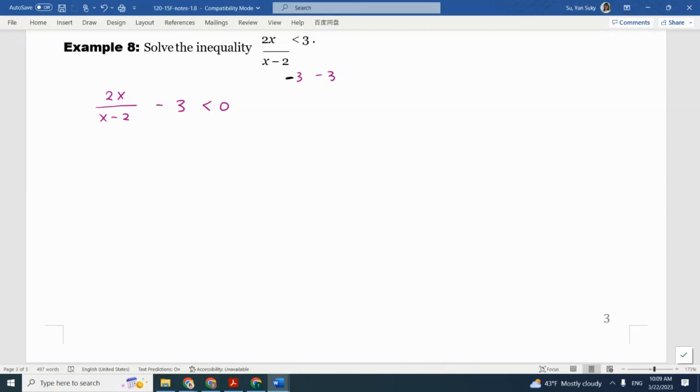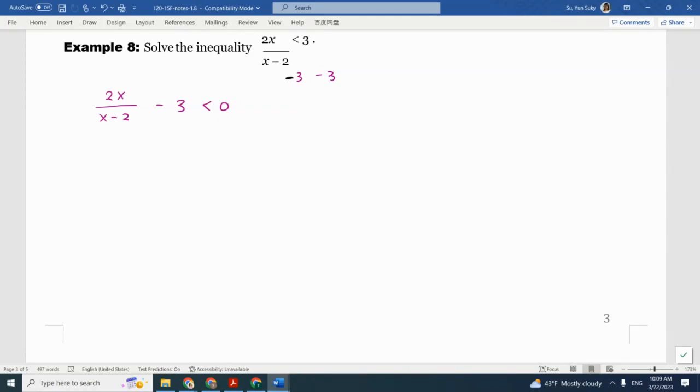So, you see, there are two terms. It's not a single fraction. So if you see more than one fraction or more than one term, you want to combine them into a single fraction. Okay, everyone? So do not factor. Here, don't factor. We're not ready to factor because it's not a single fraction. So you want to combine them.